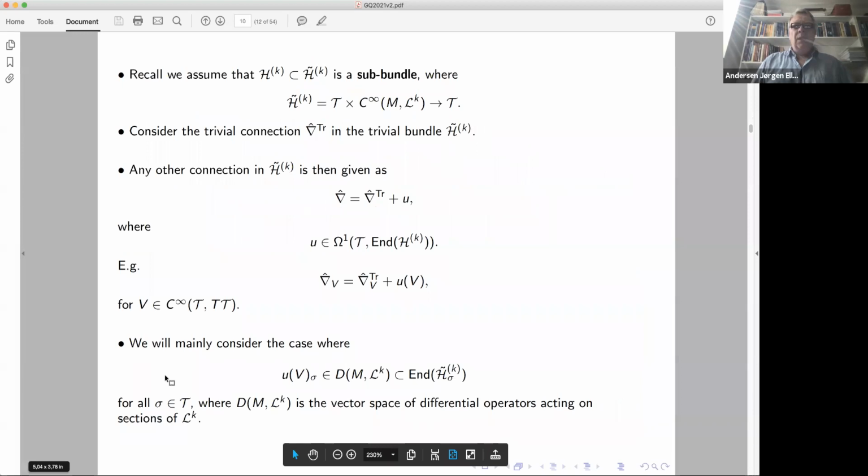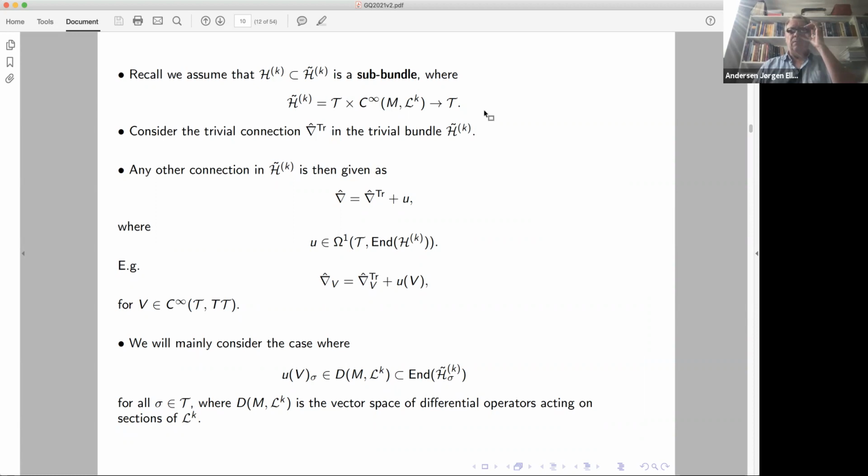Okay. Now, let's look at our situation. So we have this sub-bundle, H_K of holomorphic sections inside this trivial bundle here over T. So I always have the trivial connection in the trivial bundle. So what I am actually looking for is to perturb the trivial connection by some one-form with values in the endomorphism bundle of this bundle to get a new connection.